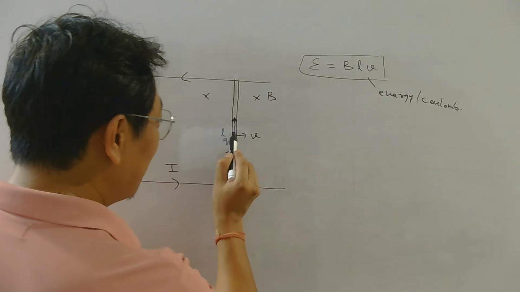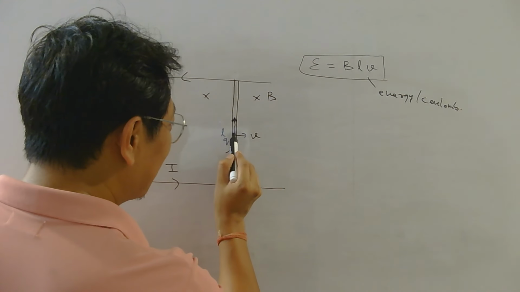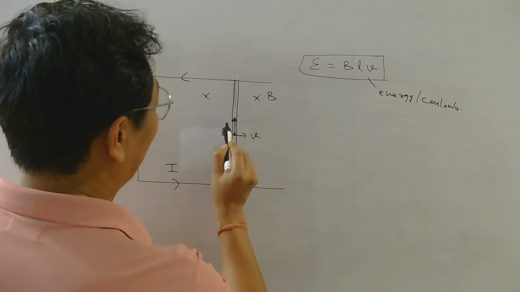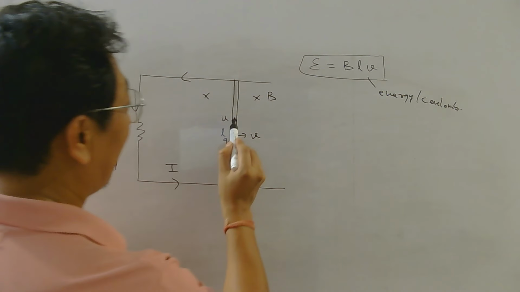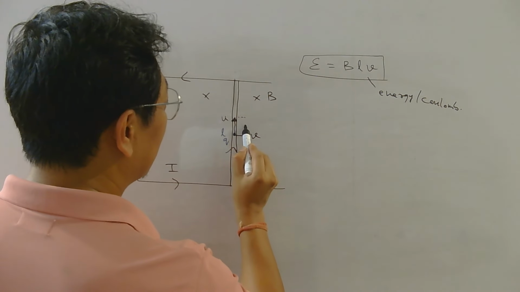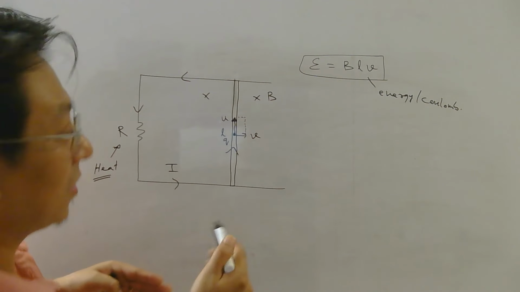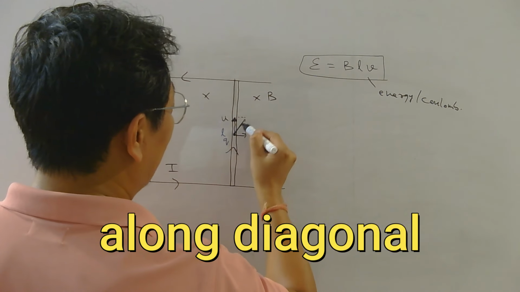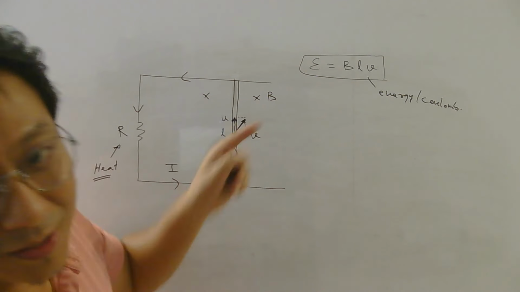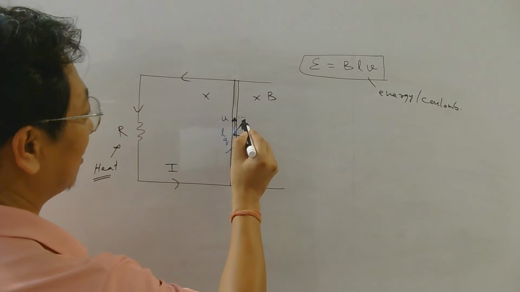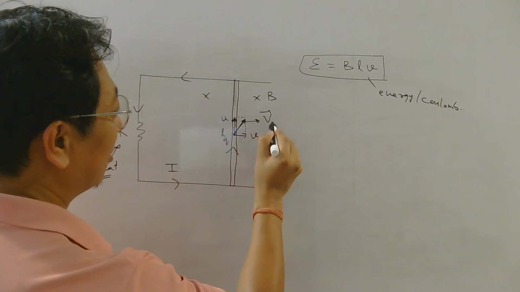So there has to be some velocity of this charge in the direction of current. Let me call that velocity u. And therefore the actual velocity, when you see from the ground frame, is along the diagonal, because the charge is going here and here at the same time. So the resultant velocity of the charge is here. This is the actual velocity of the charge.